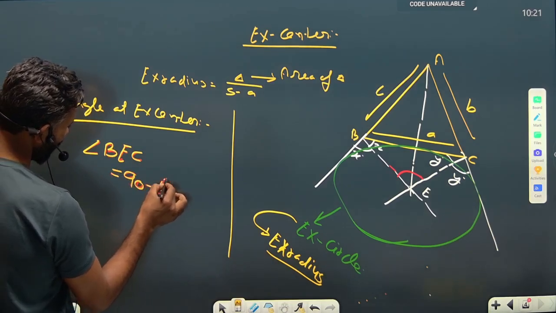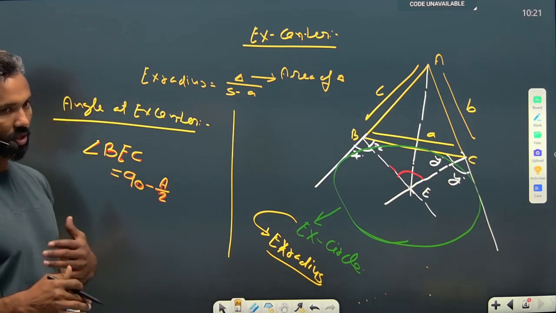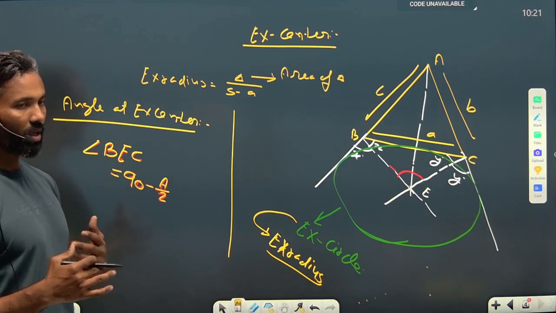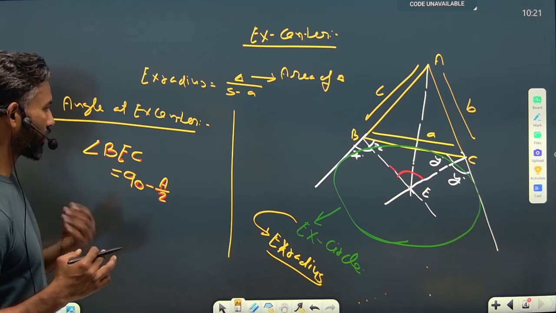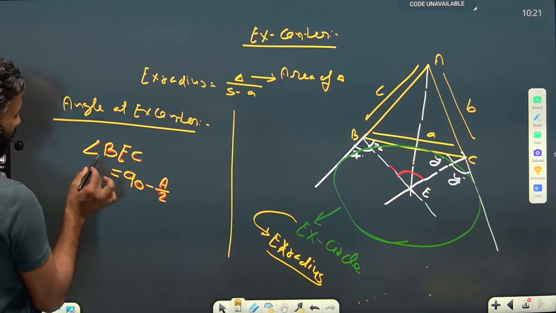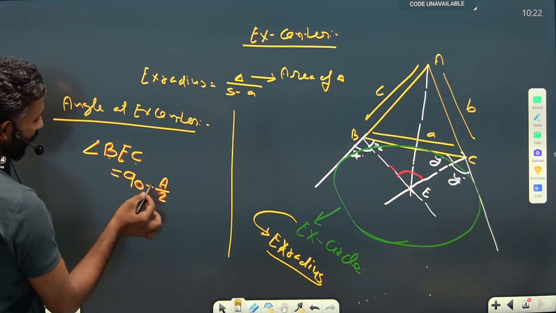If you do not want to draw the diagram, just read the question carefully and see which vertex is remaining. Here two vertices B and C are used, so you can say 90 minus half of the remaining.